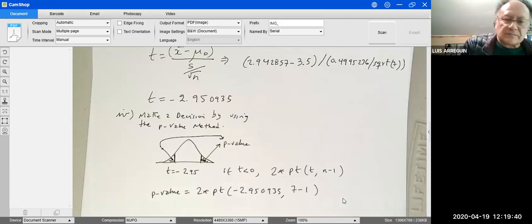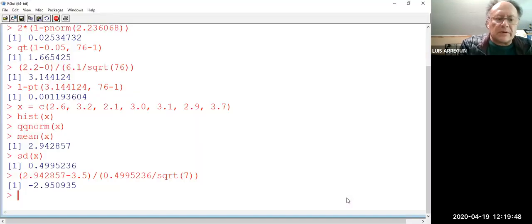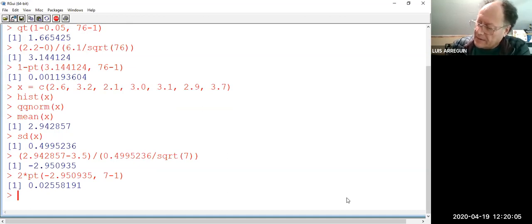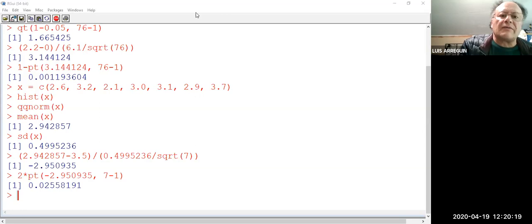So let's see what is the value that we're gonna obtain by doing this by using our console. So we're gonna get 2 times pt of negative 2.95 comma degrees of freedom 7 minus 1. So we're gonna get a p-value equals 0.02558191.